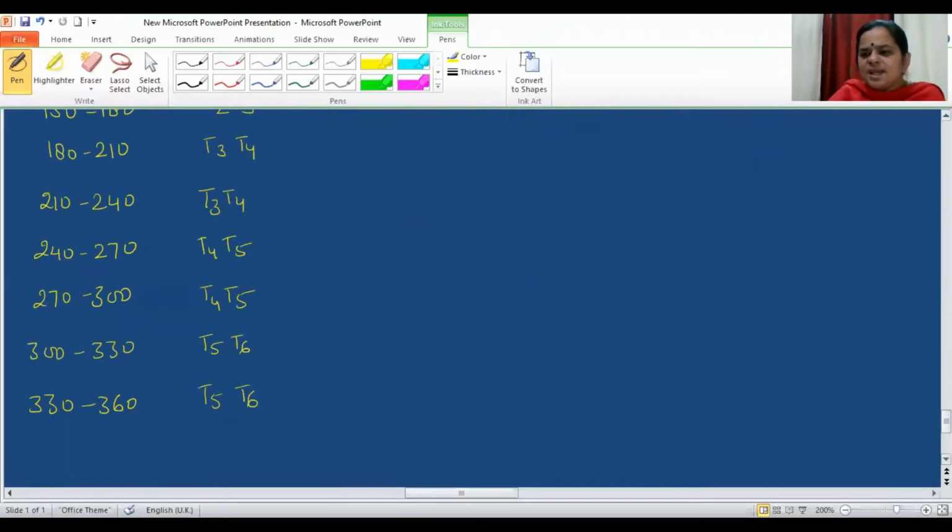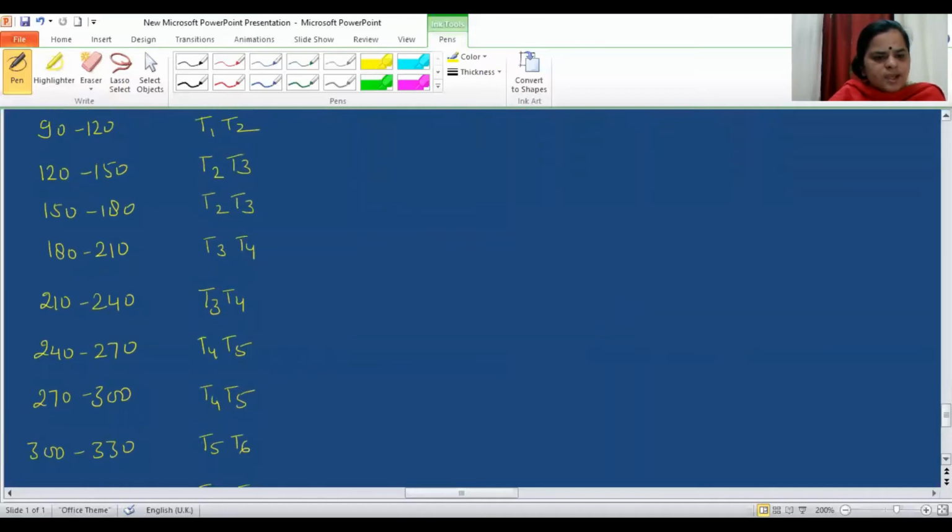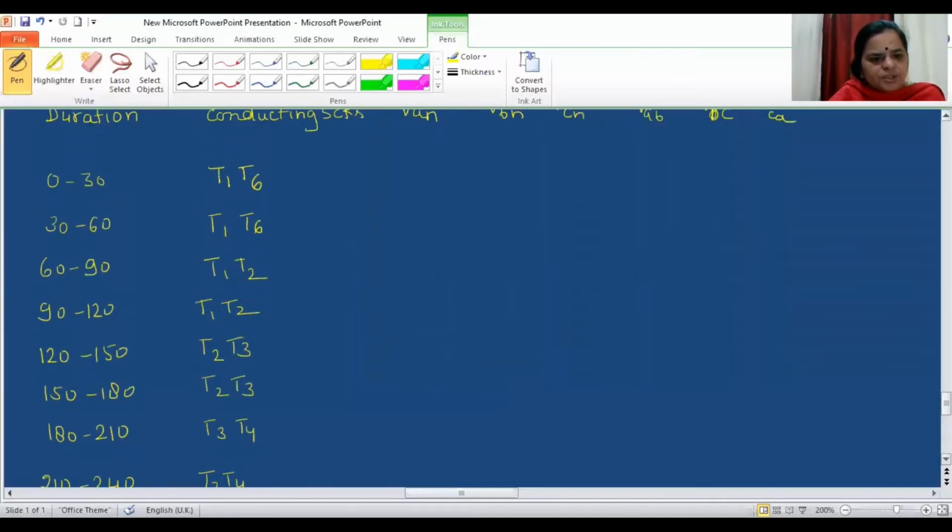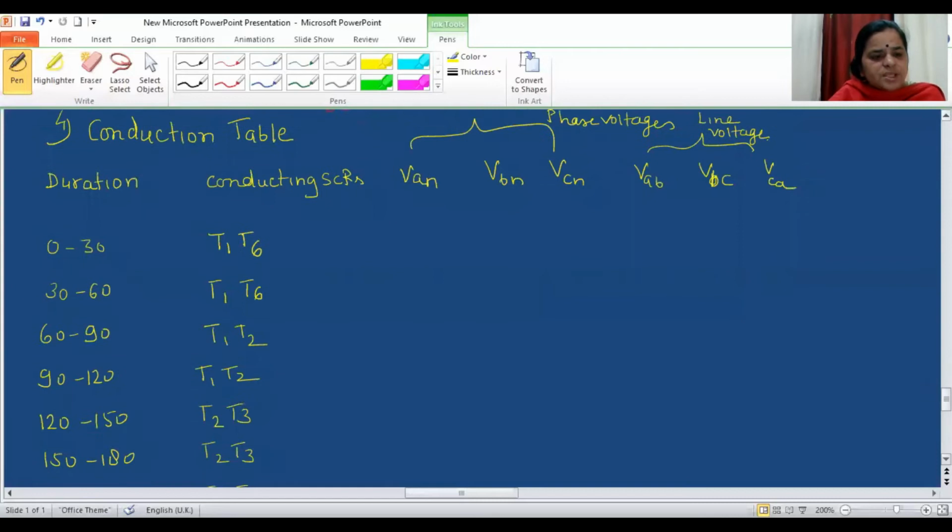If we see these conducting SCRs, you can observe that for two durations, 0 to 30 and 30 to 60, T1 and T6 are conducting. That means at every 60 degrees, the conducting SCRs change. After an interval of 60, one SCR will be the incoming and another SCR will be the outgoing.